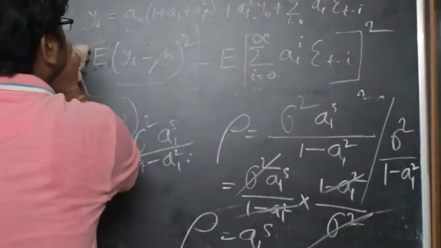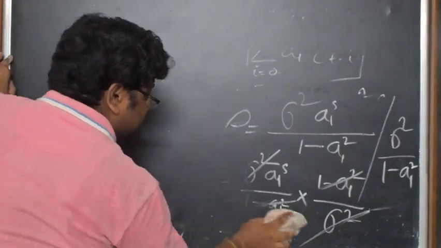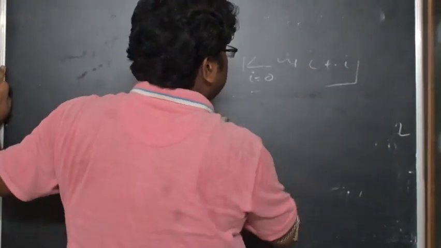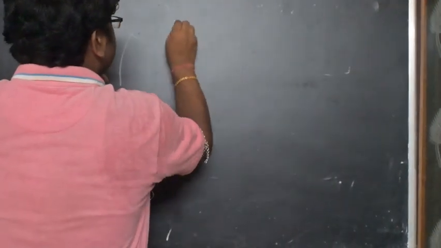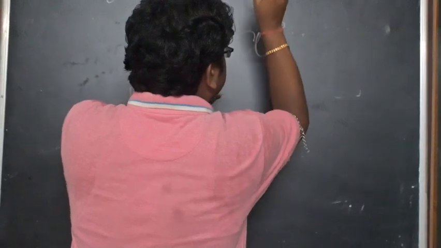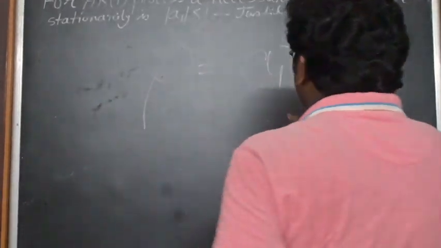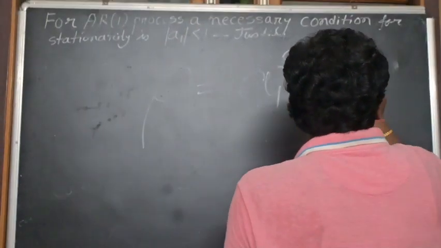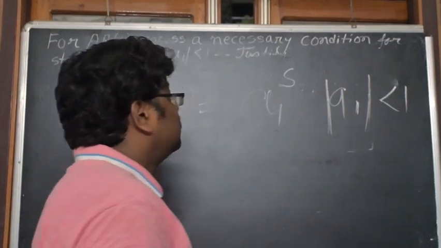So what we have found is that ultimately rho s equals a1^s. Now look, a1, as we have mentioned, is less than 1.